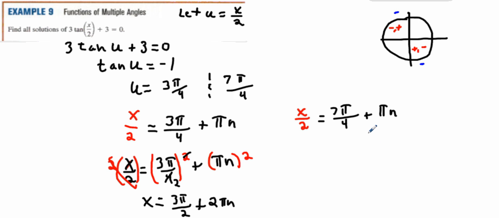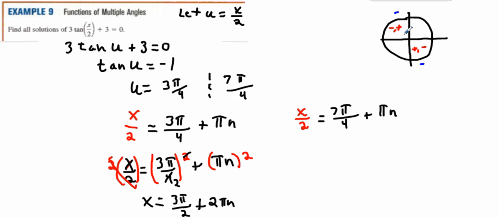Okay, our second solution is, now this is a 7 pi over 4 solution. And if I really think about that before I go any further with this problem, I always grab my 2 solutions. But remember, the period of tangent is pi.